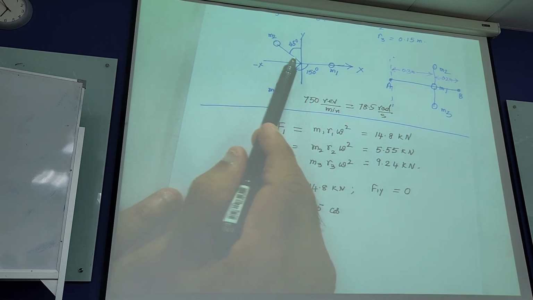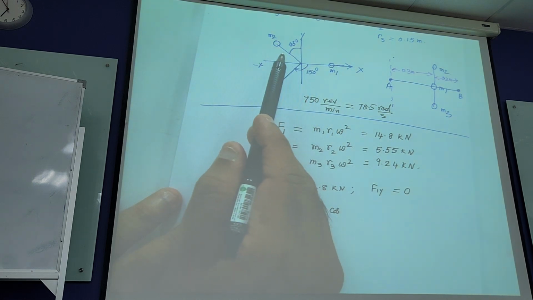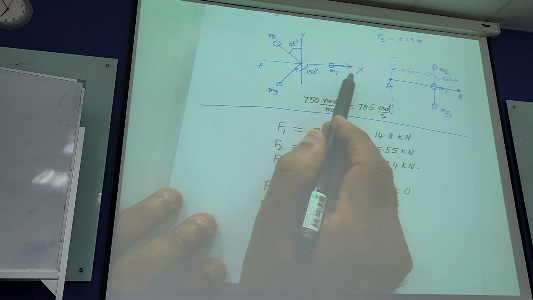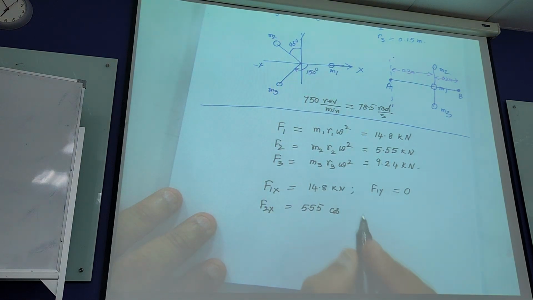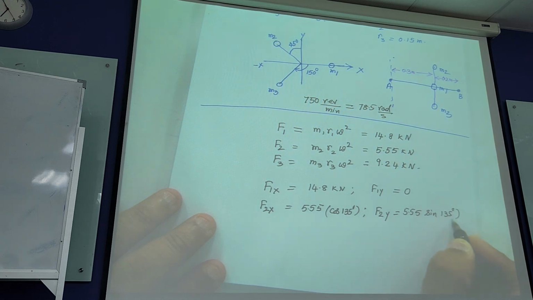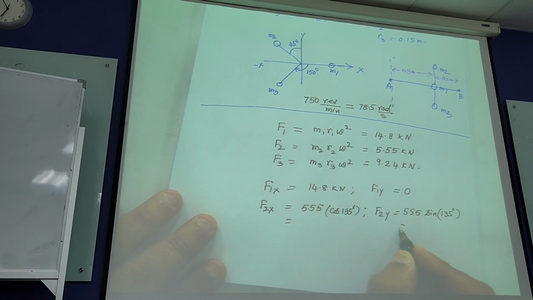okay, so you can see M2 is here. So to calculate the x component, we take the angle with reference to x-axis. So that will be 90 plus 45, so that is 135 degrees. And similarly, F2y will be 5.55 into sine 135. So how much you get F2x, F2y?